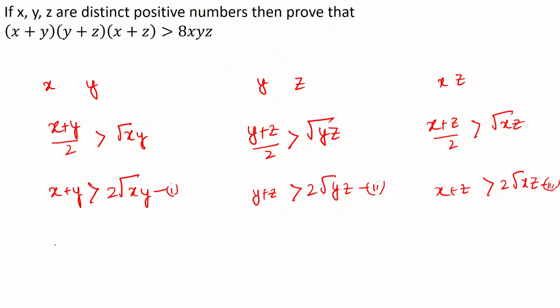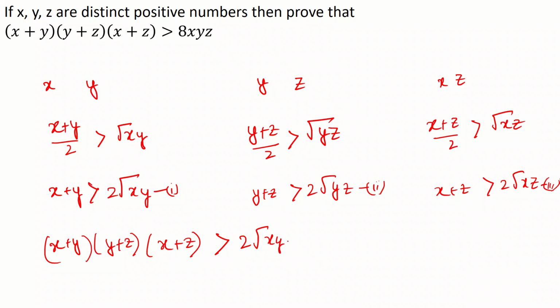On the left hand side, I have x plus y times y plus z times x plus z, greater than 2 root xy into 2 root yz into 2 root zx. So 2 times 2 times 2 is 8.